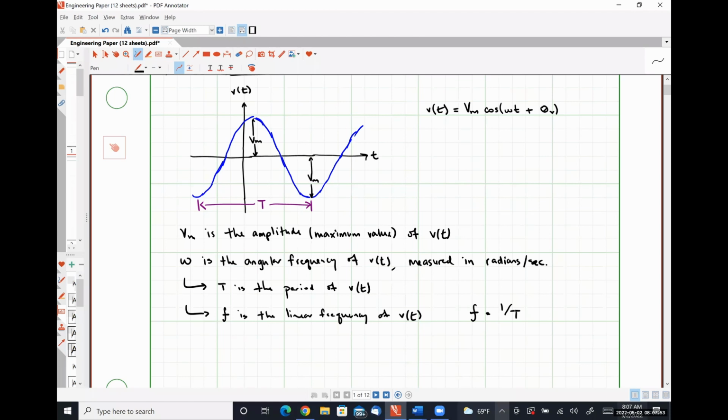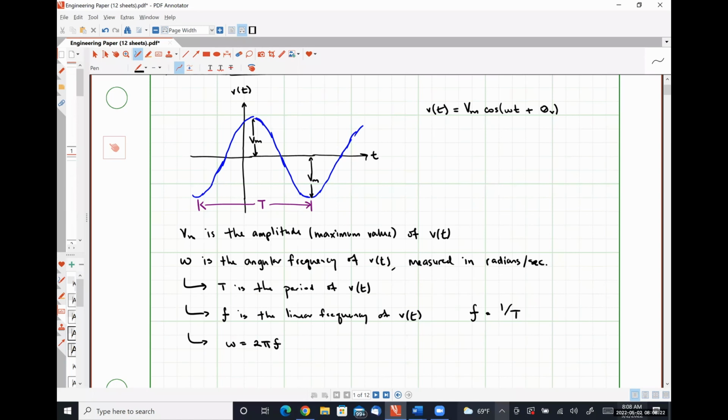Finally, circling back around, we can define our angular frequency mathematically as omega is equal to 2 pi f, because it's the total amount of angle covered in a cycle. So that's 2 pi or 360 degrees times 1 cycle per second, giving us radians per second.